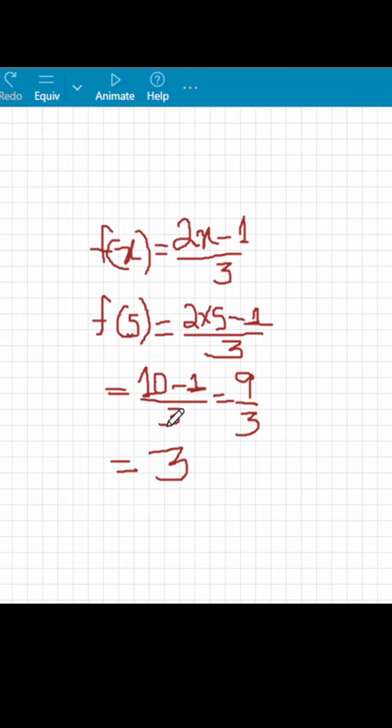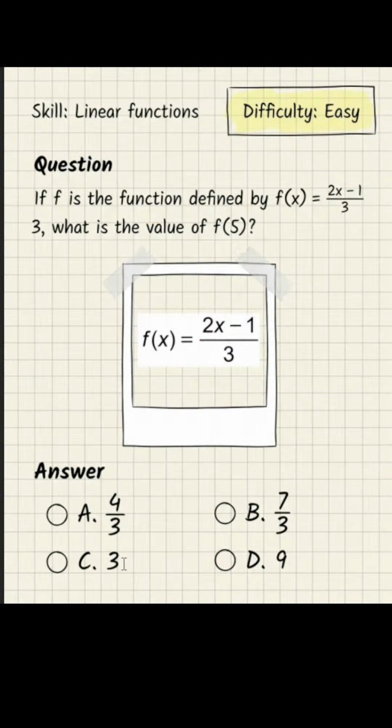So f of 5 is equal to 3. So the option C, 3, is the correct answer. We'll check once the options. Yeah, option C is 3. So that is the correct answer here. And you can have a look at the solution once more.